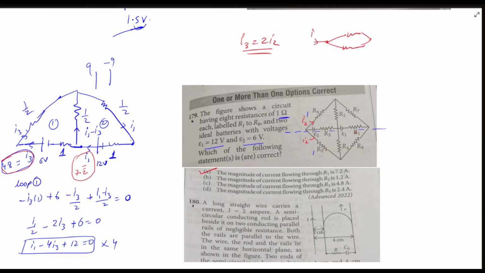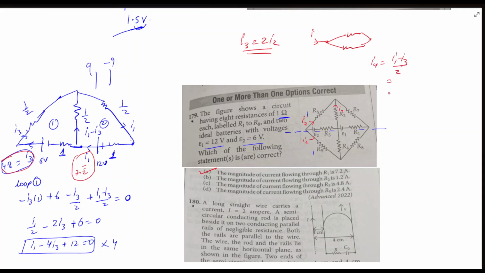In R2, in this wire current must be double, right? So in this wire, let's say the current is I4. Okay, so I4 must be equal to I1 minus I3 by 2.